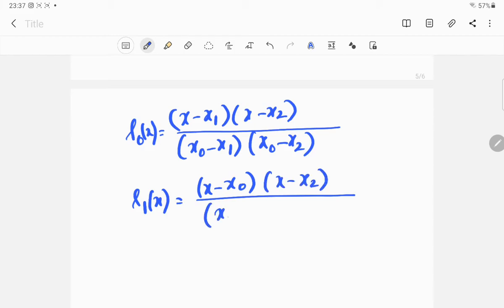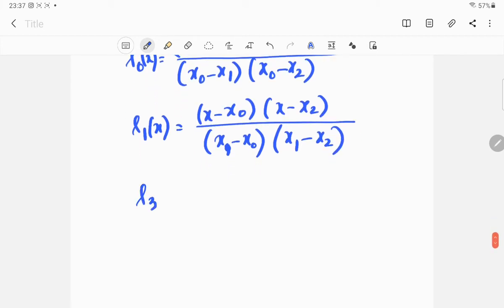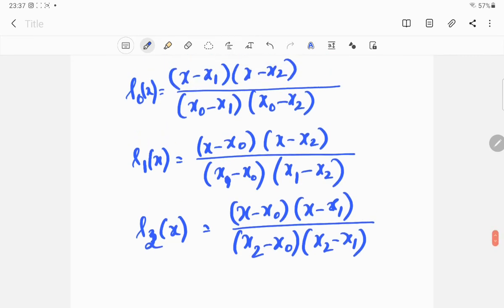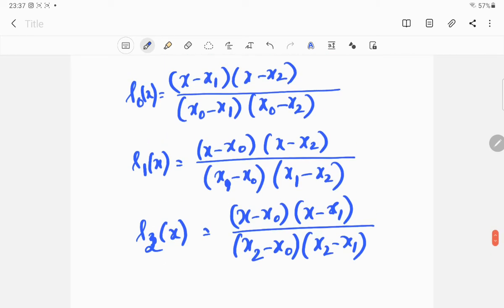And then we have x1 minus x0, x1 minus x2. And then we are going to have L2(x). So it will be x minus x0, x minus x1. We can't have x minus x2 because it is already i equal to 2. Then we have x2 minus x0, x2 minus x1. So these are the three things that we need to derive.